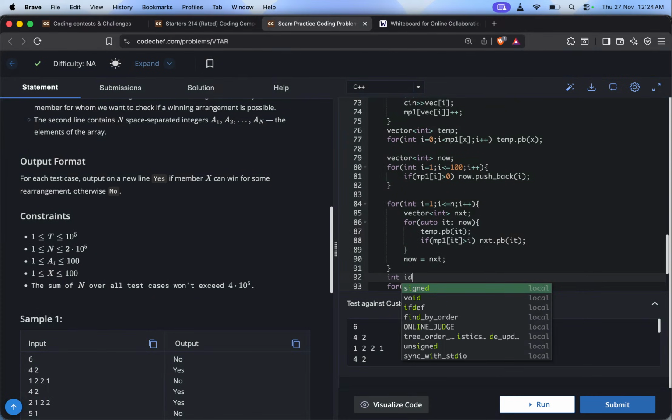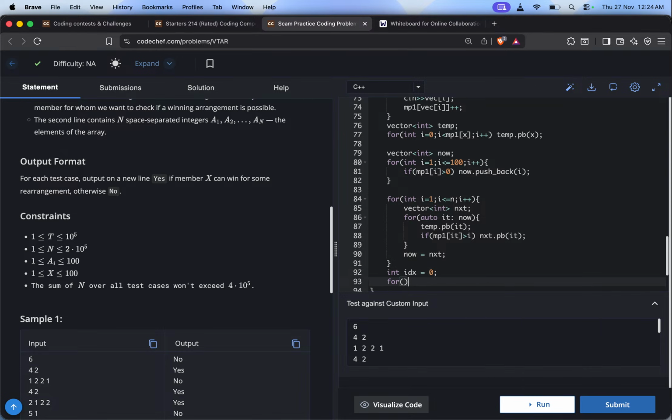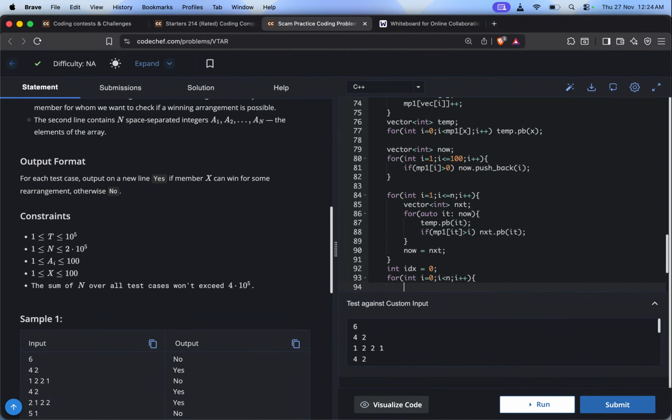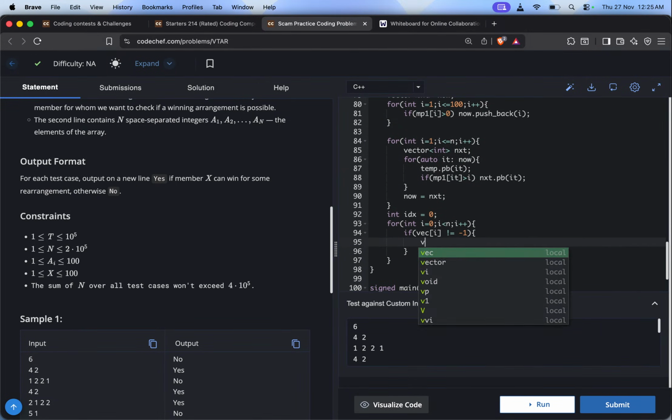What is the first index, the current index in temp that is to be filled? It is equal to 0. Now iterate over all the elements in vec, the initial vector we had. If the current element is not minus 1, then only we can replace it. This element is equal to temp at index. Right, so we have done the construction of vec according to the required construction.